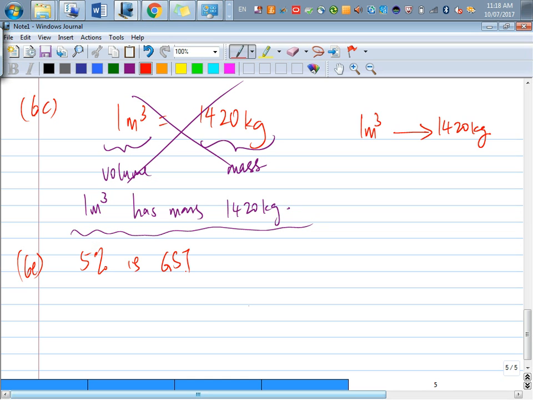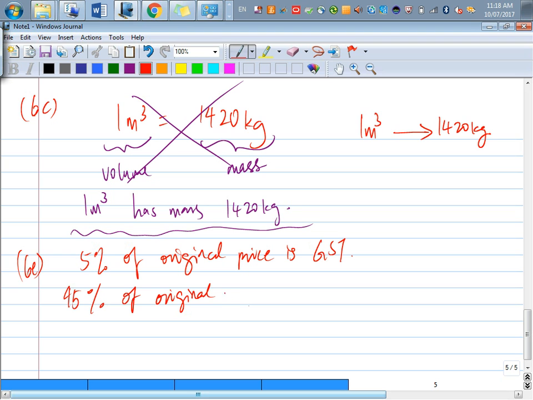Okay, 5% of price, or rather original price. Okay, so can we say that 95% of original price is equals to 8.50?